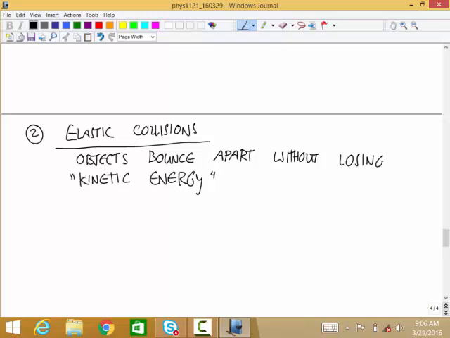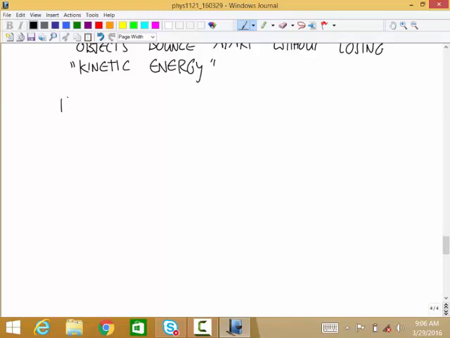And so we have to define kinetic energy. That's going to be a big thing in this class in the next few sections. So the first thing we have to do is define kinetic energy.